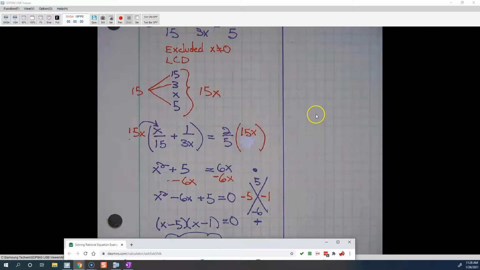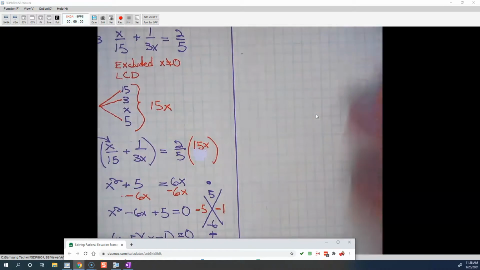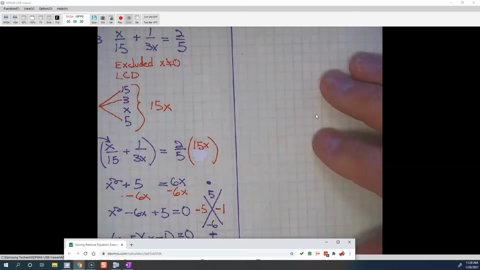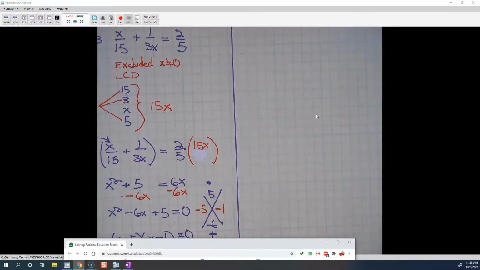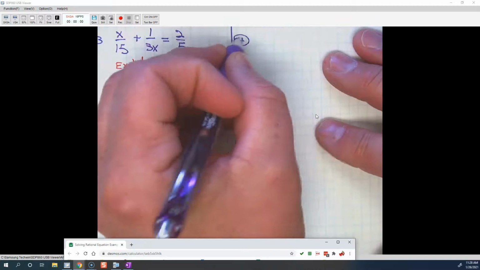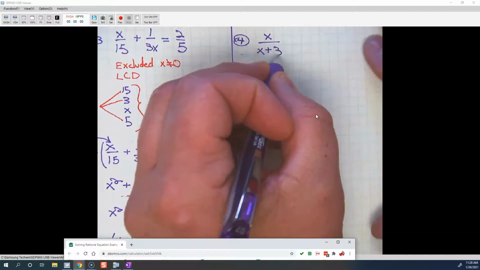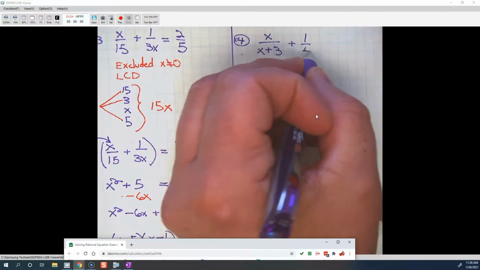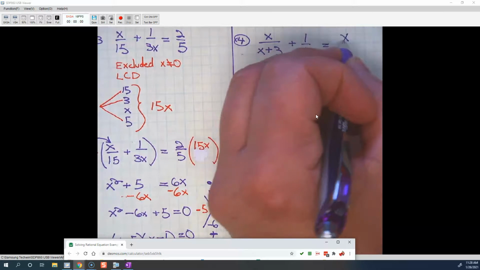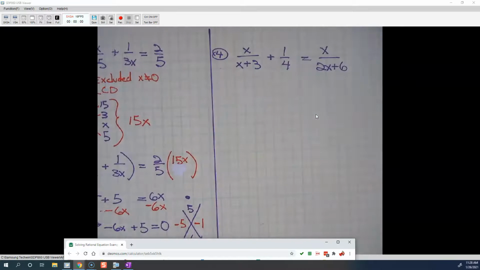All right, the last one for solving equations. Okay, so that's going to be x over x plus 3 plus 1 over 4 equals x over 2x plus 6.